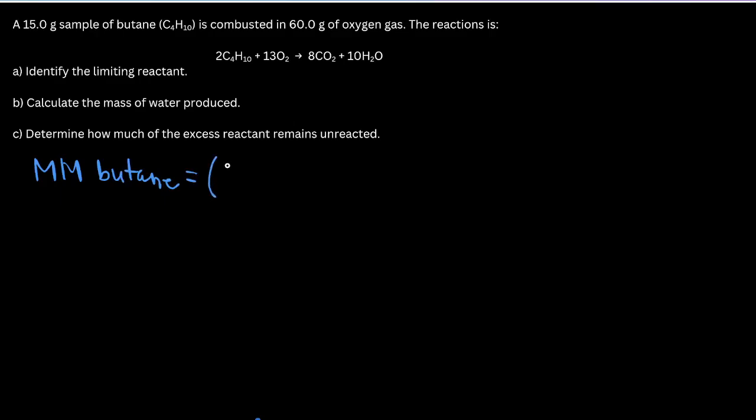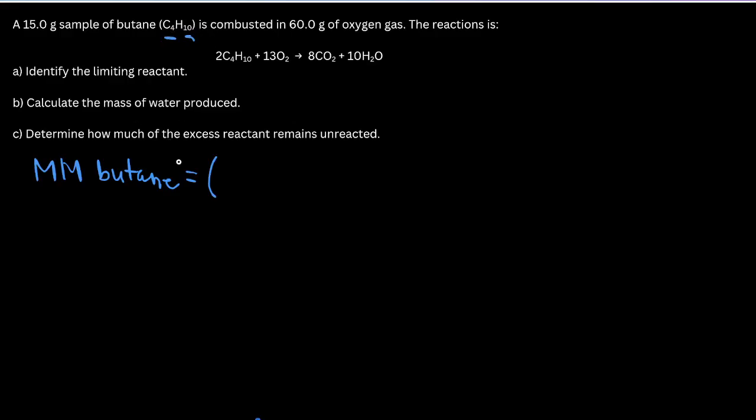Just as we would with any other molar mass calculation. We look at how many of each element make up the compound and account for exactly how many of each element are in that compound. It's C4H10.